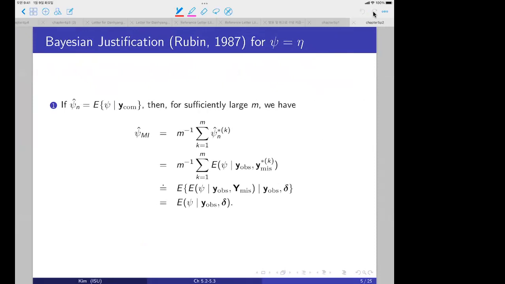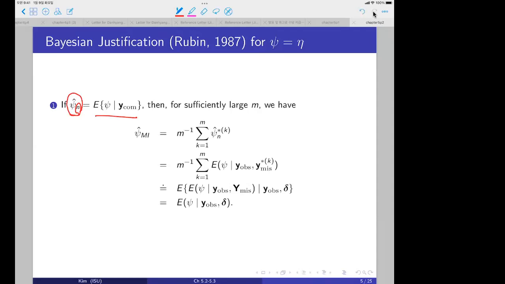Suppose you use a complete sample point estimator. Remember, the complete sample of size n has no missing. Suppose we can formulate the problem in such a way that my point estimator can be viewed as a posterior mean of the parameter given the complete sample, meaning no missing.